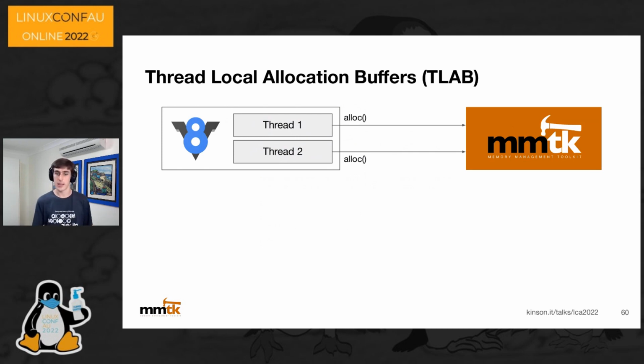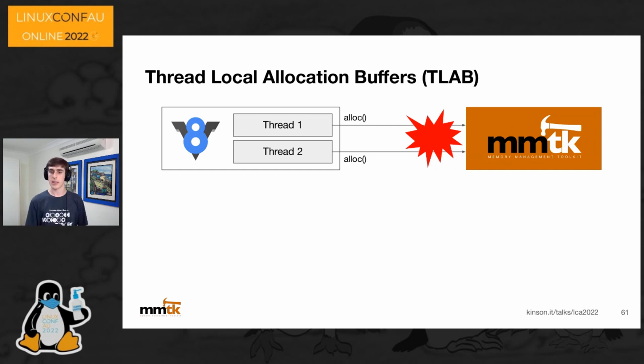Now, another thing we considered was a potential optimization, that is thread local allocation buffers. You can imagine in a VM that supports multiple threads, like V8, you may have allocation calls happening at once. Because these often require locks to be acquired, there can be some contention that occurs, and this can slow down the program.